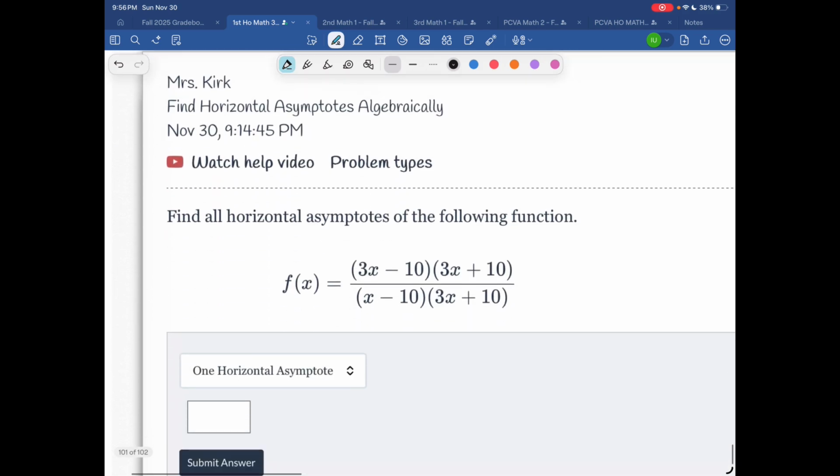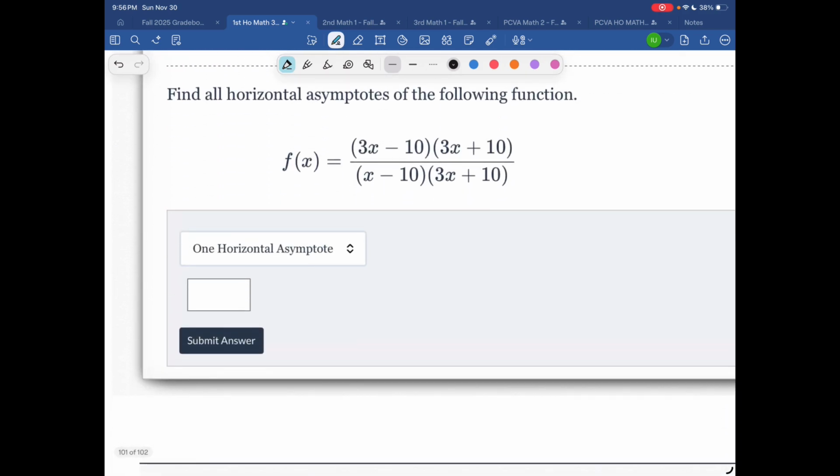All right, so again, vertical asymptote. If we're looking for the vertical asymptote, we're looking for what cancels. So this is already in factored form, so we can cancel, oh, wrong one. We can cancel the 3x plus 10. So what's left over in the denominator, because that's what we're doing, we're not doing vertical, we're doing horizontal.